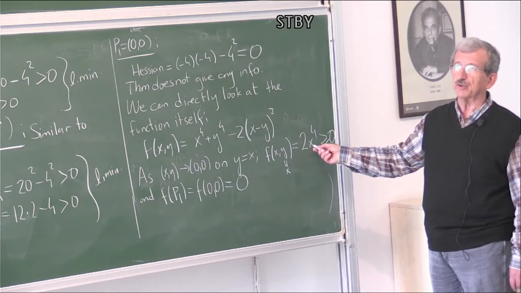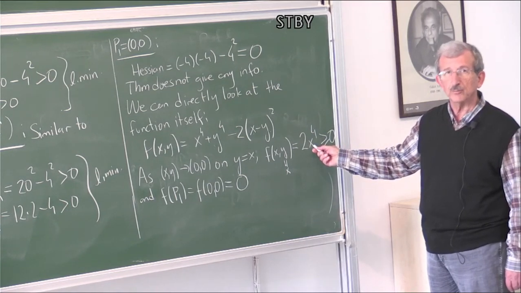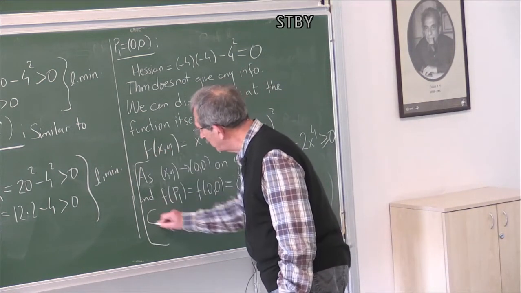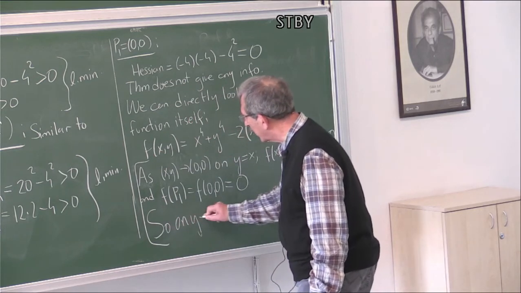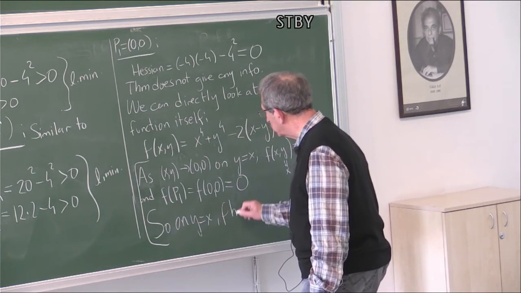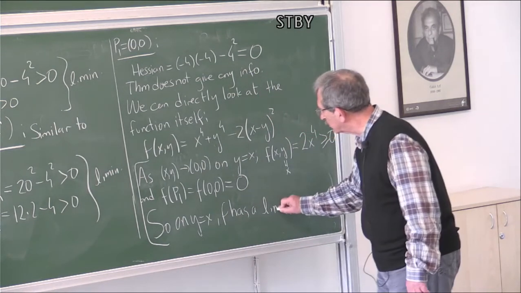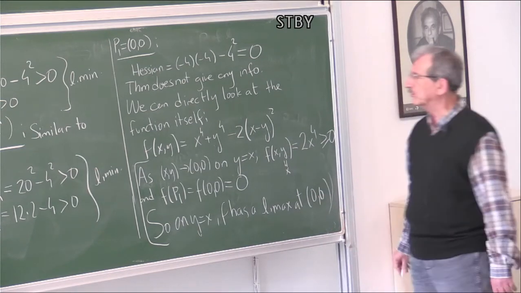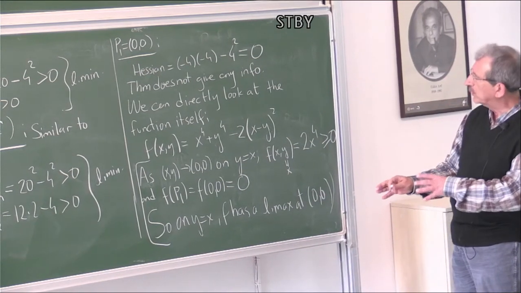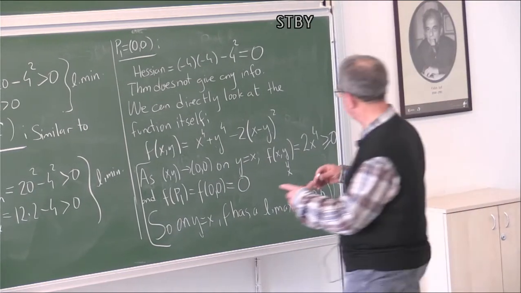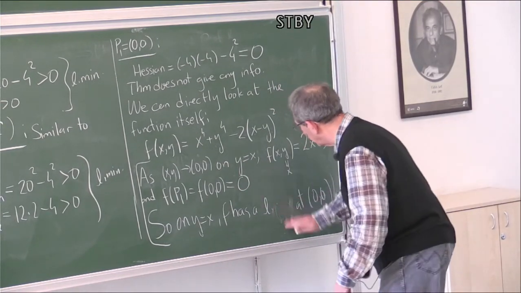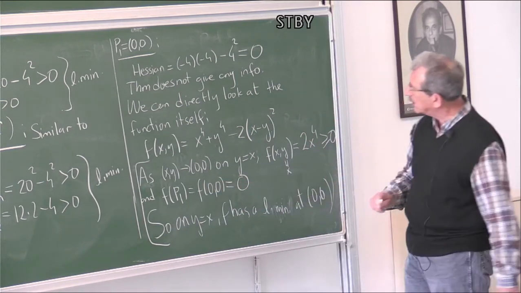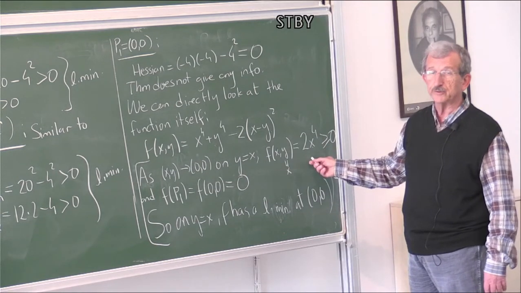Well, this is the definition of local minimum. Okay. So, on y equal to x, f has a local minimum at 0, 0. Because the value at 0, 0 is the smallest possible one among these.